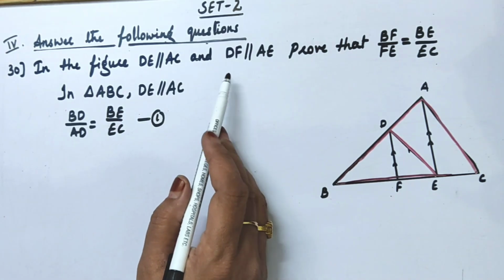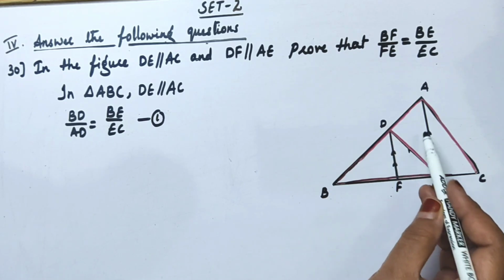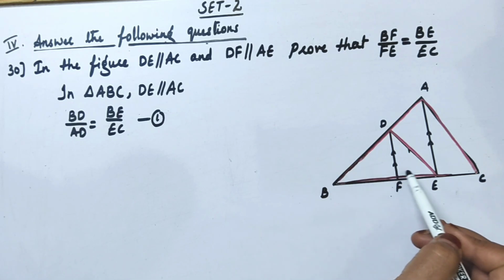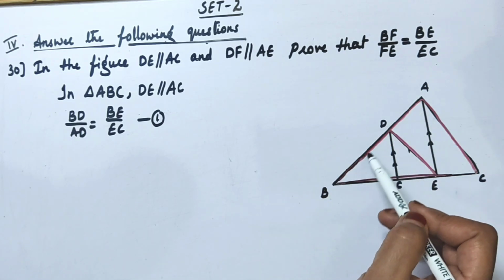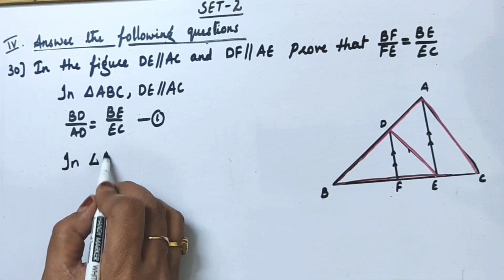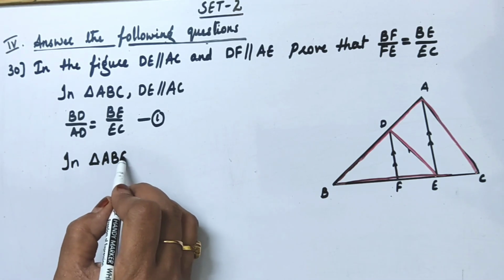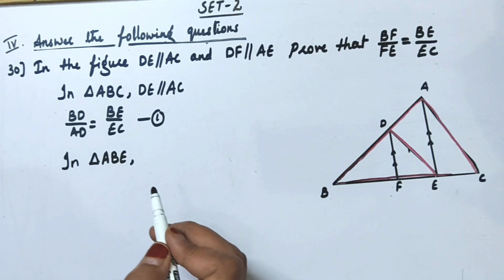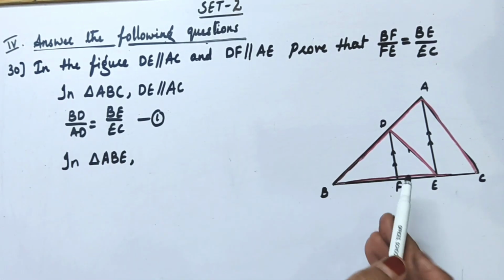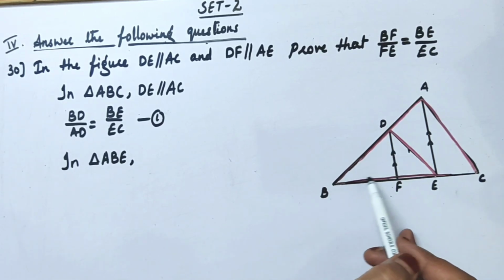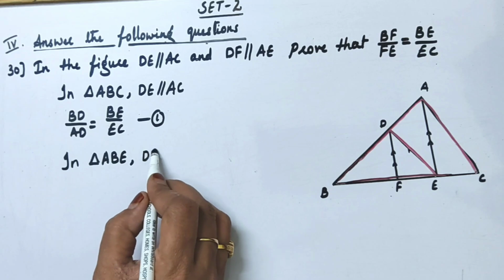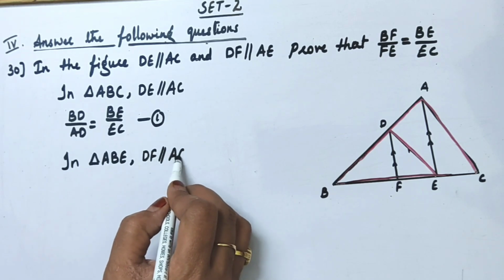Now one more is DF. So DF is parallel to AE. Now this is forming a triangle ABE. In triangle ABE, DF is parallel to AE.